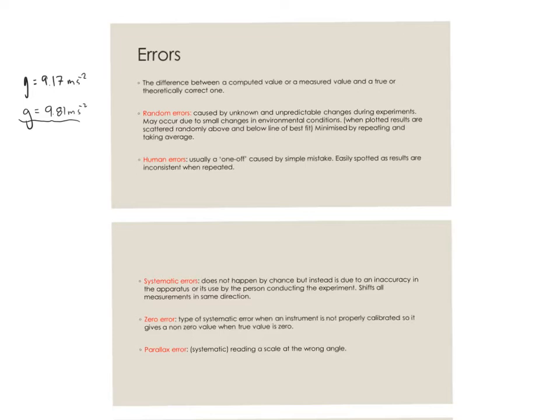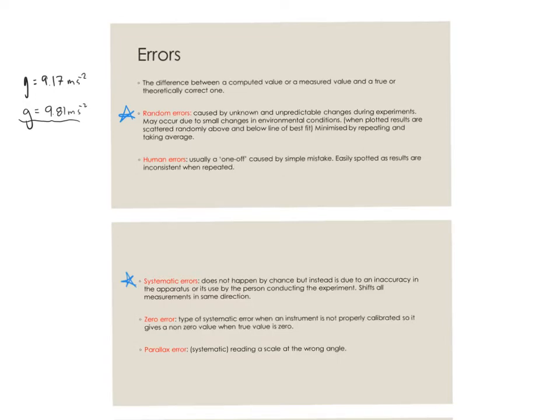So there are two errors that you should know of, and there are also categories through which we name different errors. One of them is random errors and systematic errors. I'll also talk about human error, zero error, and parallax error and what they usually are. Random errors are usually caused by unknown and unpredictable changes during experiments, meaning something that you can't control and can't really measure or see straight away. It's quite hard to pinpoint and narrow down what caused the errors in your experimental values.